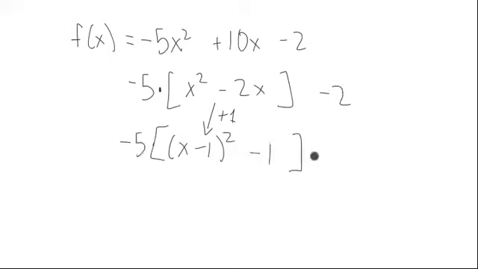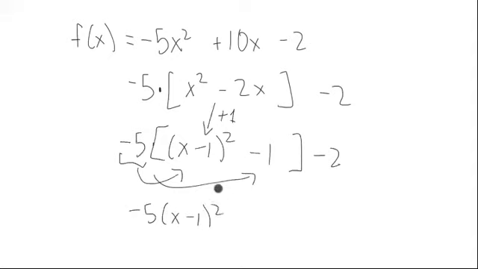Then we're almost done. Then we distribute this negative 5 into both pieces. So we end up getting negative 5 quantity x minus 1 squared, and then negative 5 times negative 1 is plus 5, minus 2. So we end up getting y is equal to negative 5 quantity x minus 1 squared, and then plus 3.